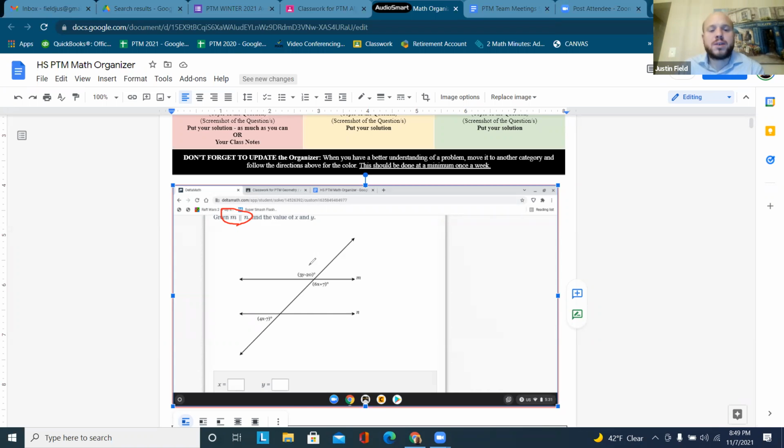So when the lines are parallel, the angles all have 2 relationships. Do you know what those are? Yeah, they're either congruent or they're supplementary. Okay, very good. And then the angles have names. So like these 2 angles, what are their names? Vertical angles. All right, good. We can set them. What equation can we set up with the vertical angles?